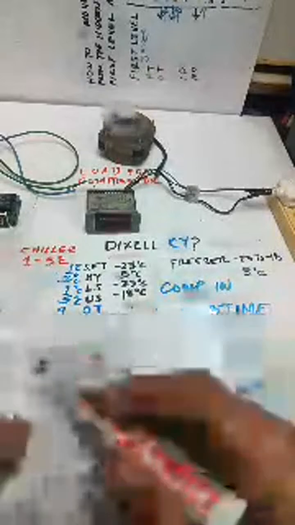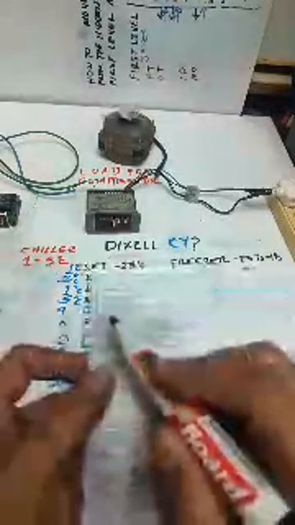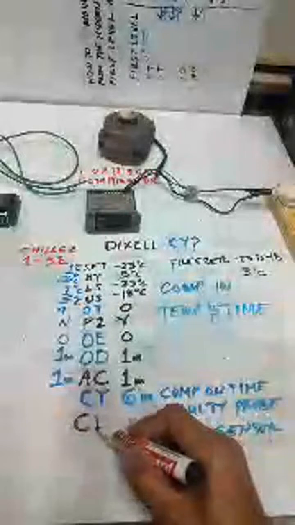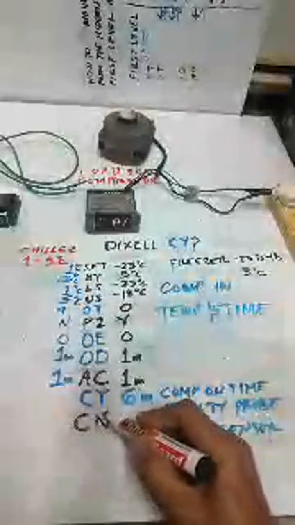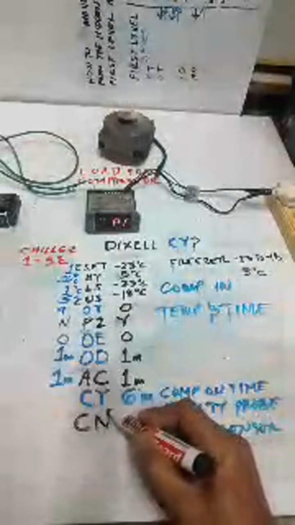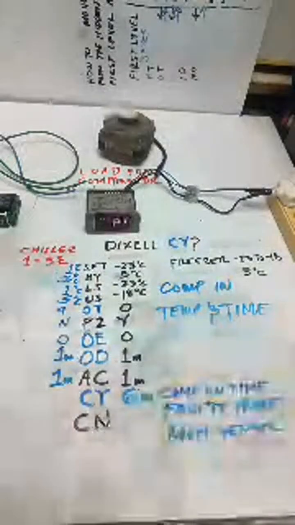Let's verify that. Okay, that is CN. There is a cutoff for that, and that is CN, and this will be our topic tomorrow.